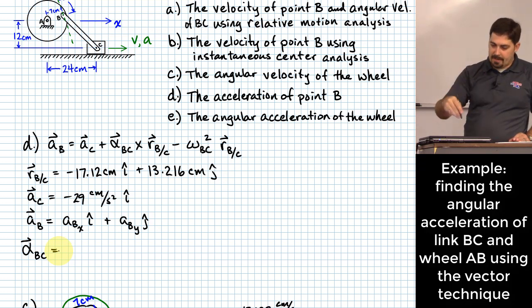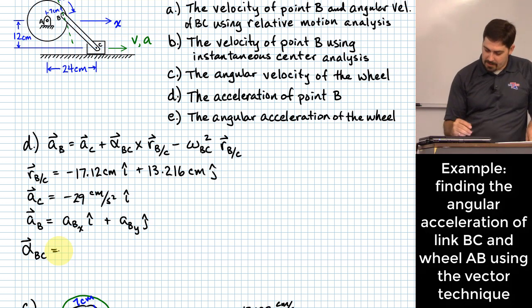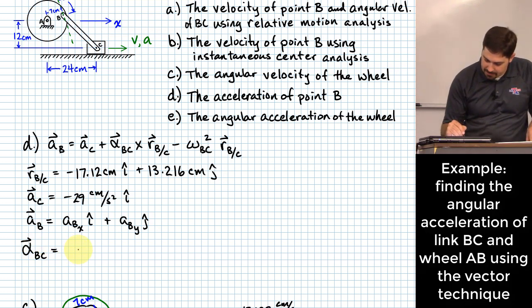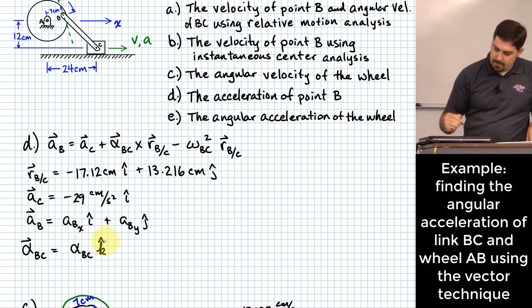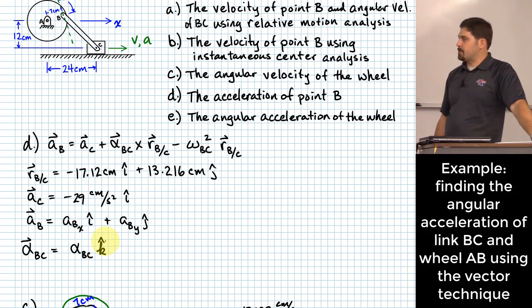The axis around which it's rotating has to be in the z. And so instead of showing it as a vector, I can just show it as a scalar and say that it is around the z-axis by showing a little k unit vector there. All right, so far so good there.